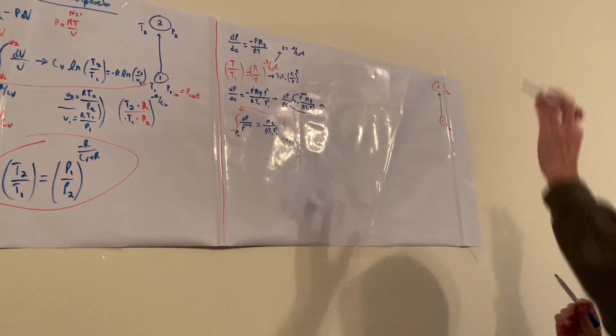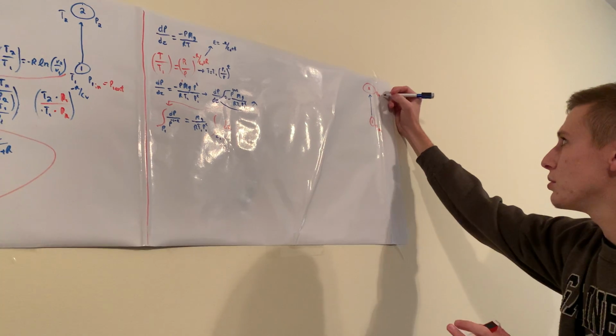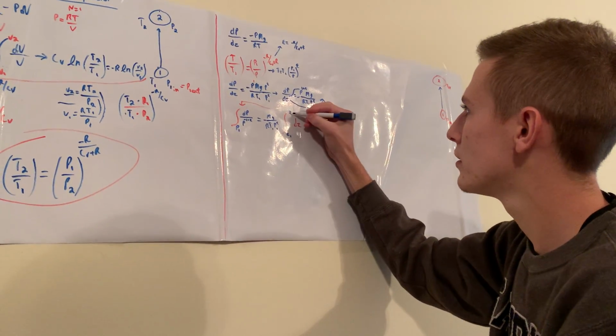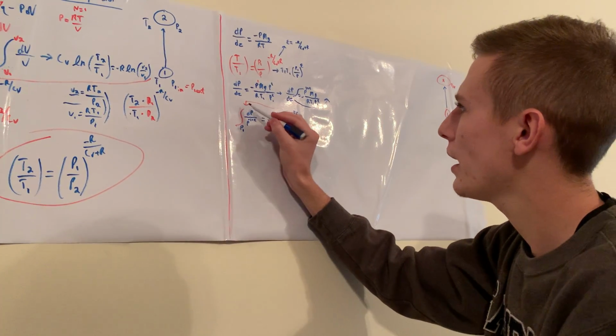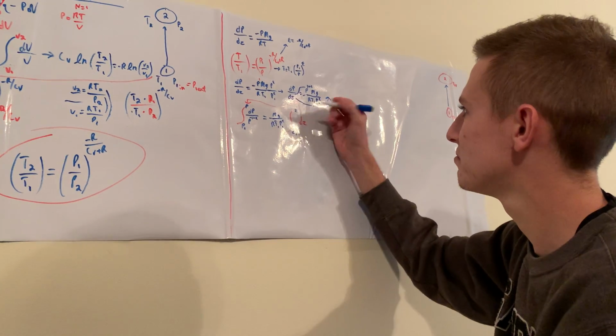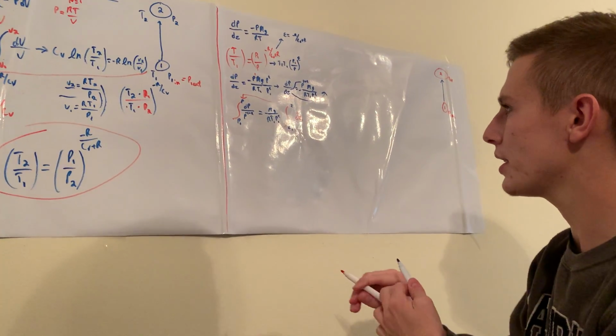And once it goes up to the second position, our p final is at our final altitude, z final, or just z, doesn't really matter. Okay, so we can go ahead and do the integration of this.